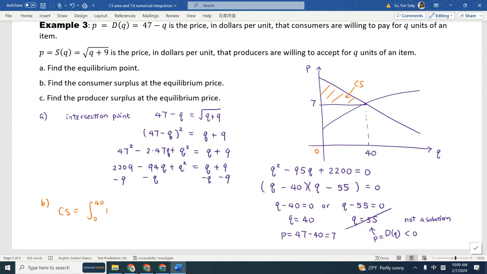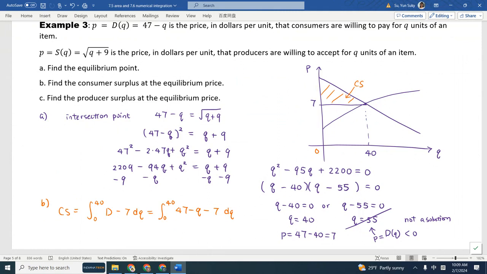47. So, you can put demand minus the price, which is 7, dQ. And now our demand is 47 minus Q, and then minus the price is 7. Right here, you see the lower function is the constant function 7.